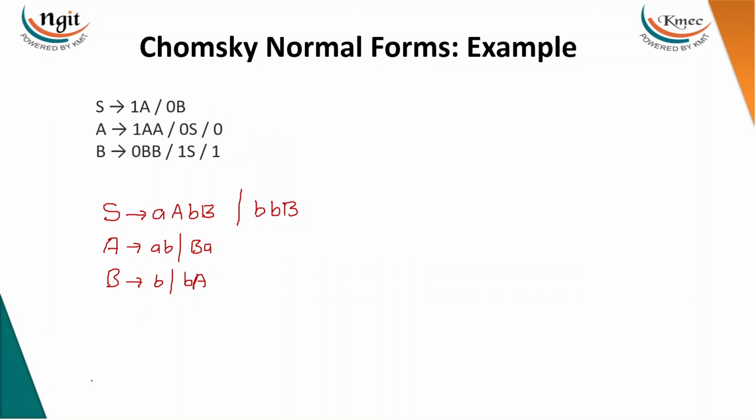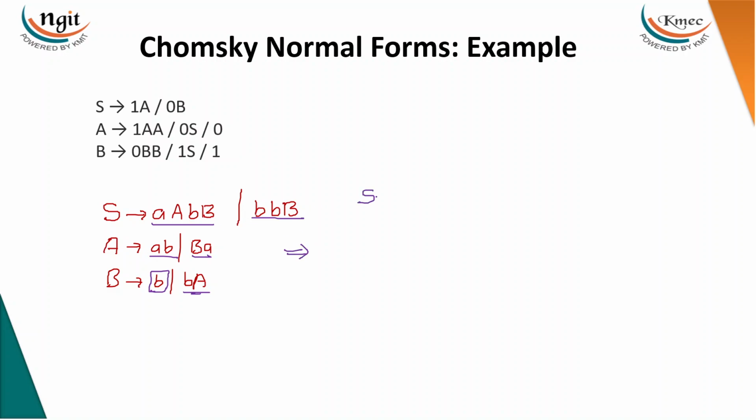Now what you are supposed to do: first identify the terminals which are in the wrong place. Here only this production is in GNF, and this is not, this is not, this is not. So in the first step, replace all the terminals with new non-terminals.